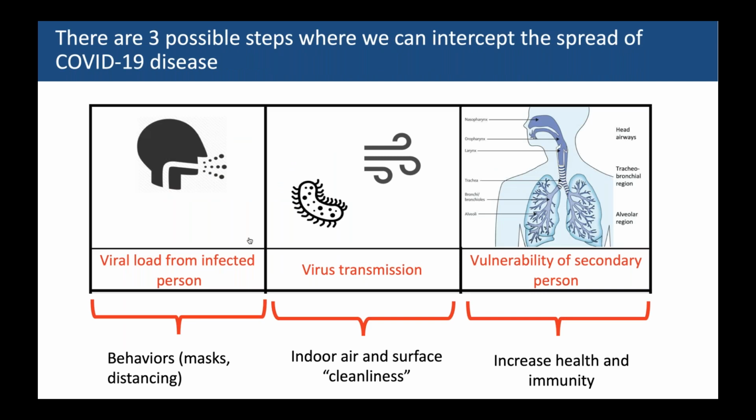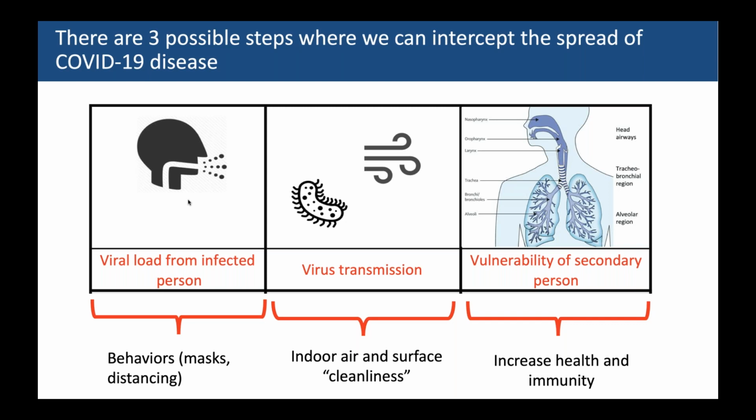So in this process of transmission of disease, there are really 3 places you can intervene to decrease spread of the illness. You can hope that somebody coming into your house doesn't spray a lot of infectious droplets through your living room.